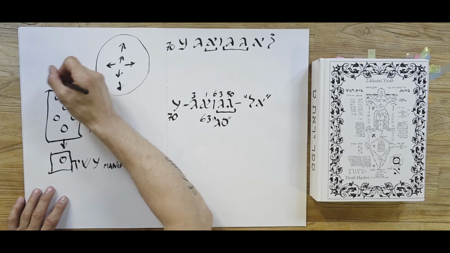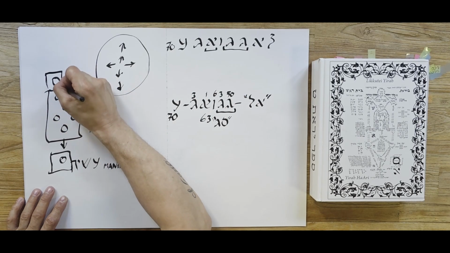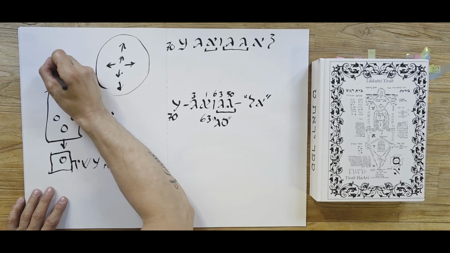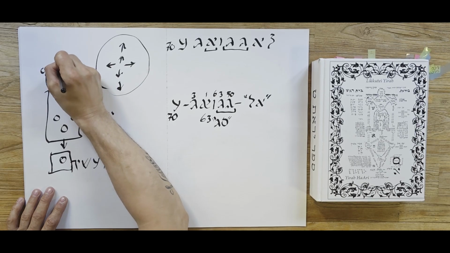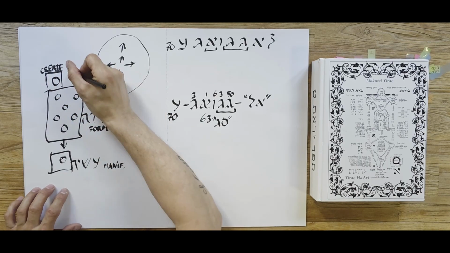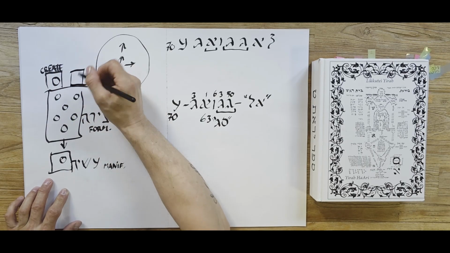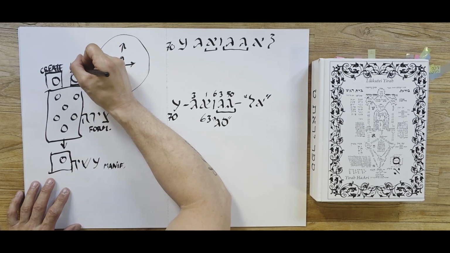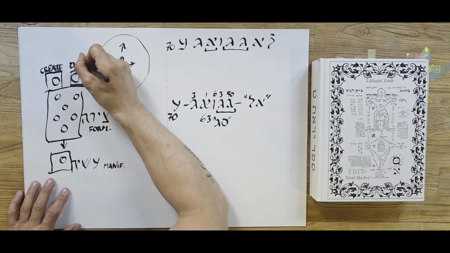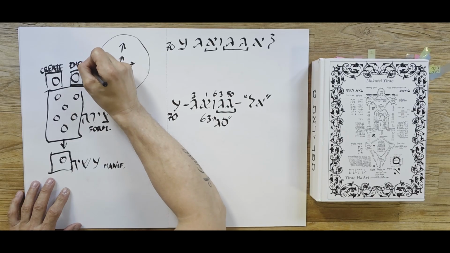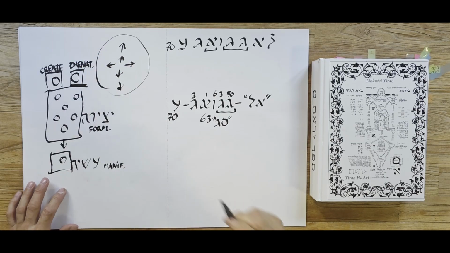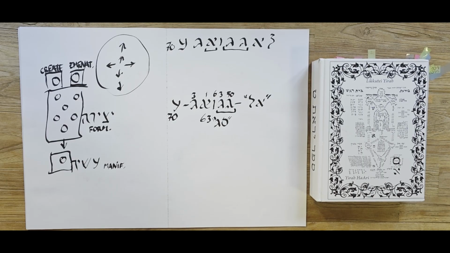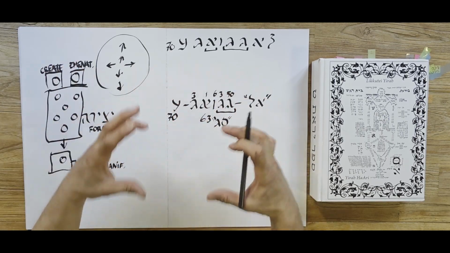I'll put it here. Create. And Chochma, emanation. Atzilut, emanate. So conceptual, right? Ratzon, action, manifestation. It's all found in this word.